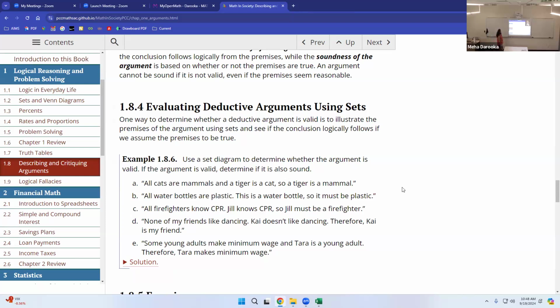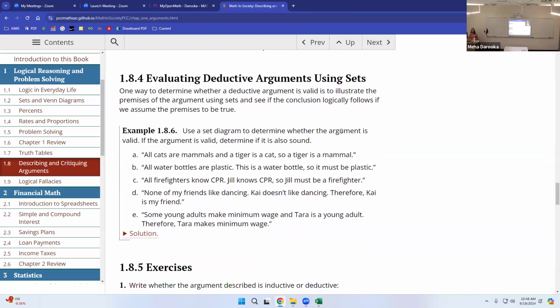So all cats are mammals. A tiger is a cat, so a tiger is a mammal. Okay, first, what is the conclusion in this statement? Part A. Tiger is a mammal. Tiger is a mammal, very good.